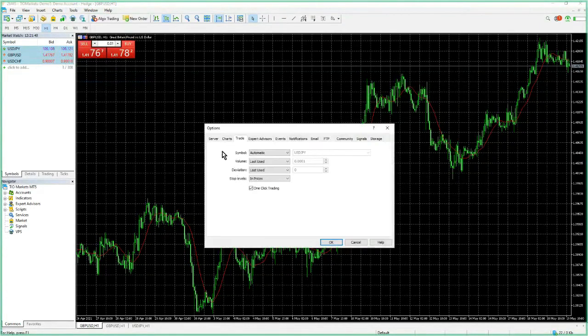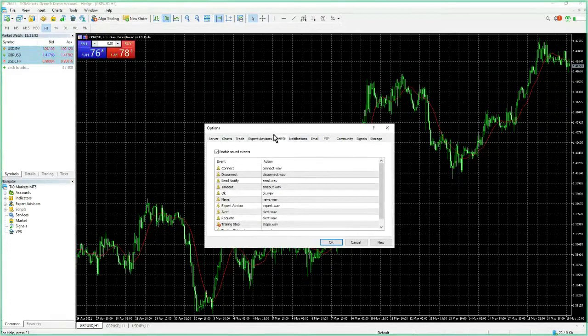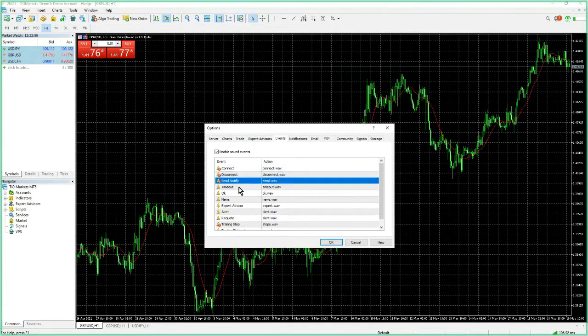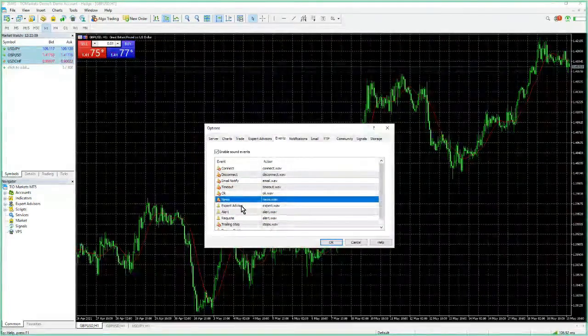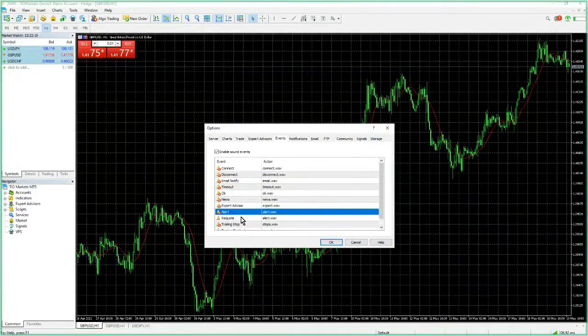And in here, there is a tab called Events. I want to get all of these out, so I want to disable all of them so that they don't bother me. So I double click them. There's only one of them that I don't disable, and that's Alert.